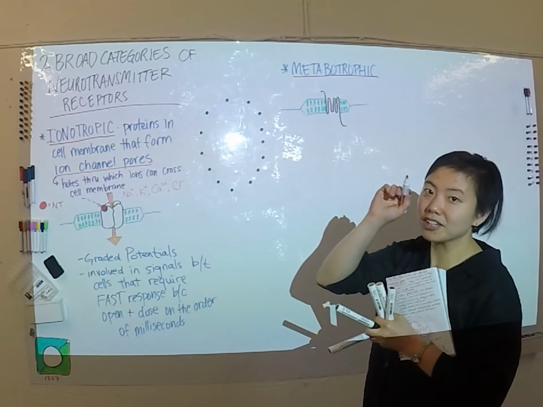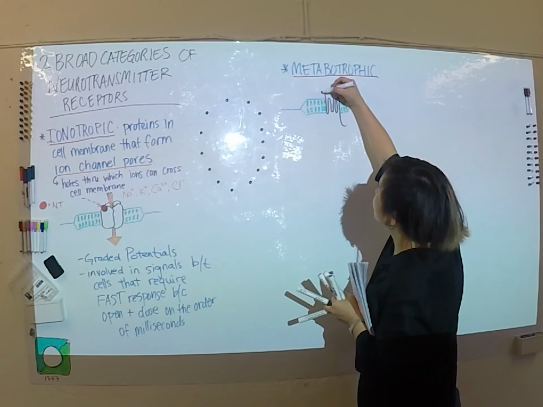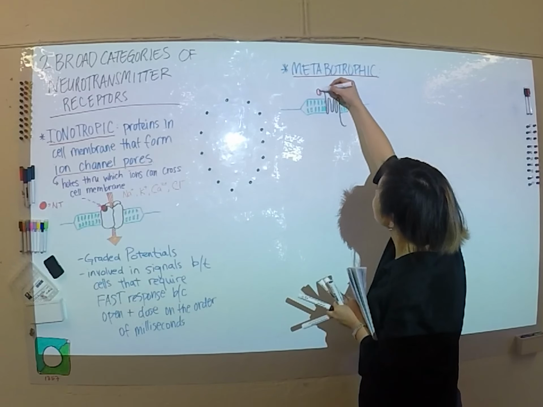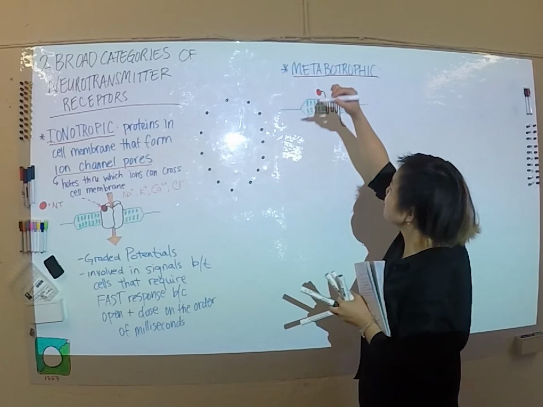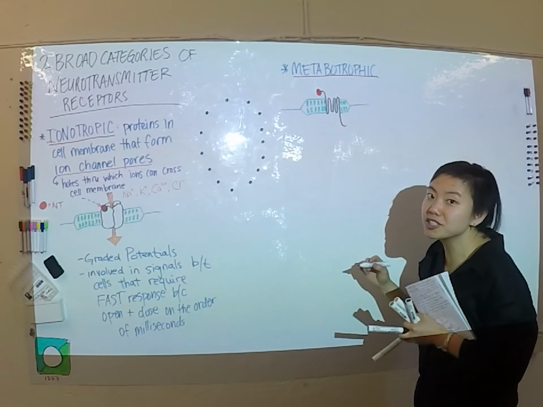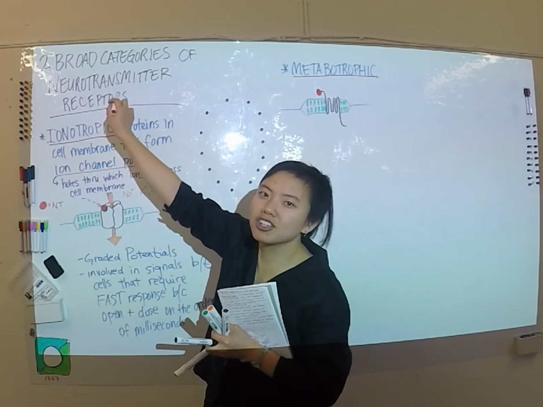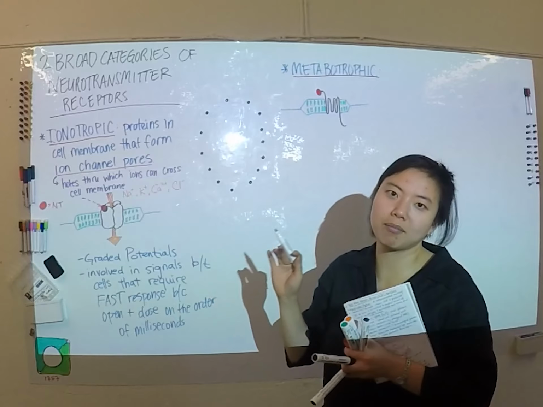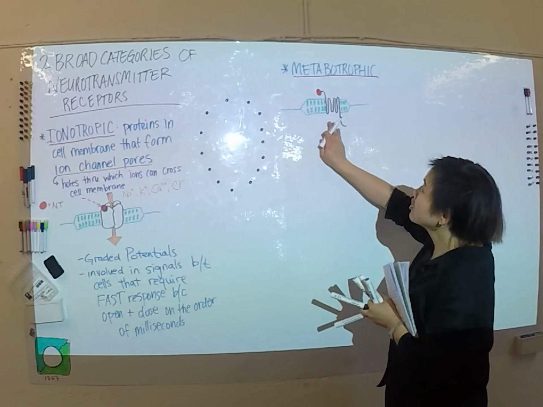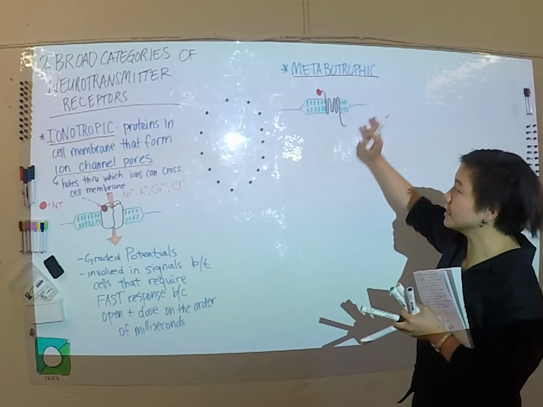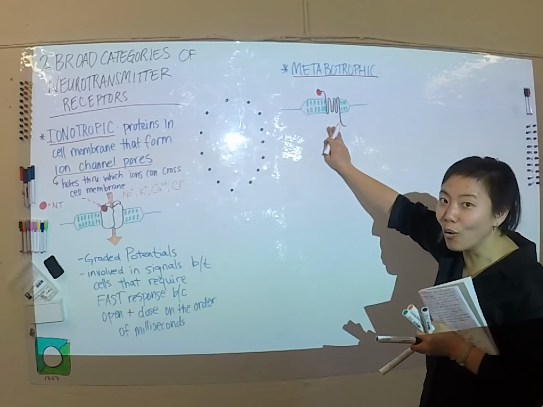Our neurotransmitter in red is going to come and attach to the outside part of this protein. Remember, all receptors, when we say receptors in the nervous system, we're always talking about proteins, okay? So the metabotropic protein doesn't open a hole.